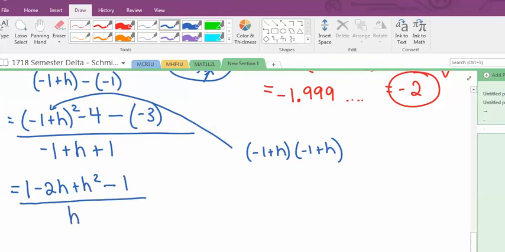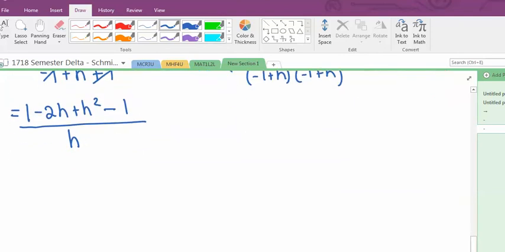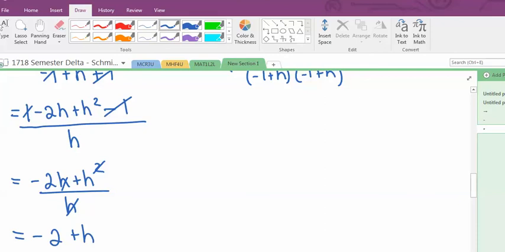All divided by h, because these ones end up canceling each other out. And then I can actually get rid of these ones, because 1 minus 1. So I just end up with negative 2h plus h squared over h. And then since every term has an h in it, I can actually cancel out an h from everyone, and I get negative 2 plus h.